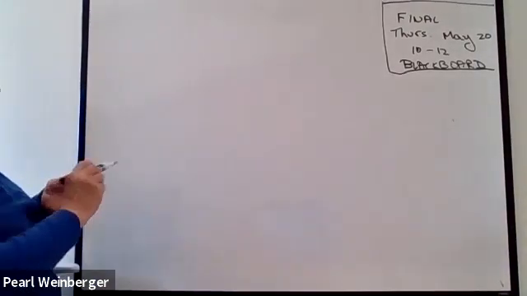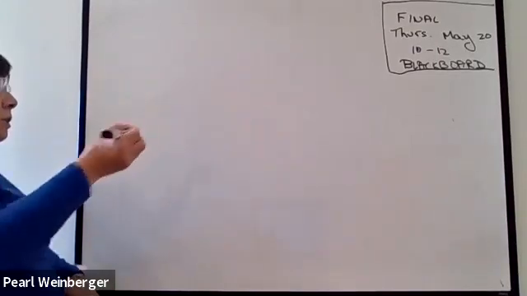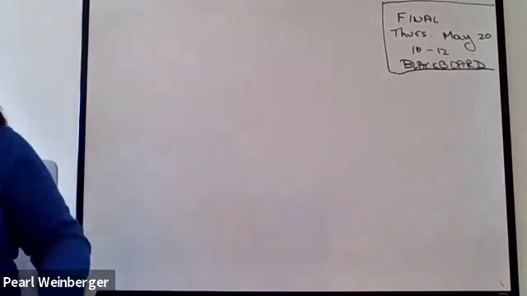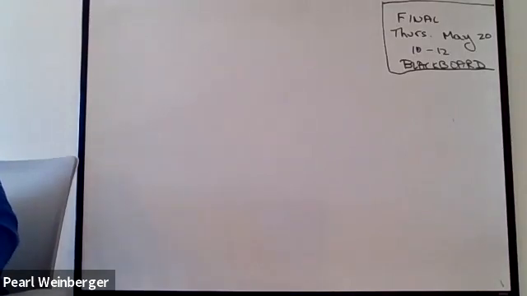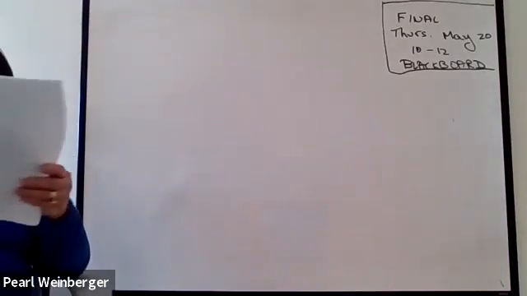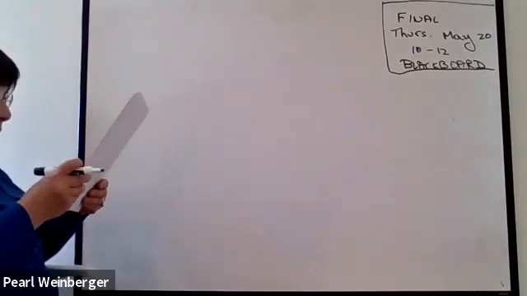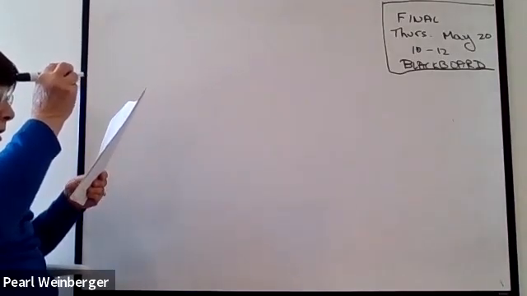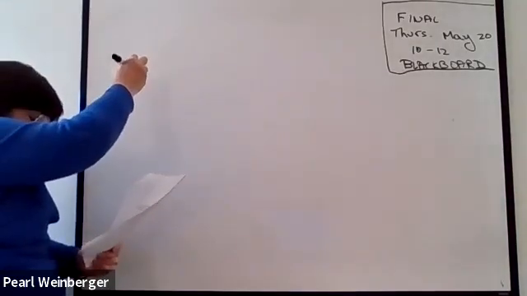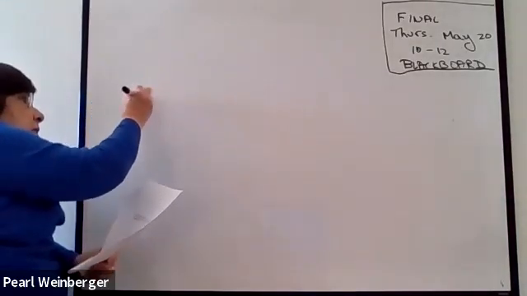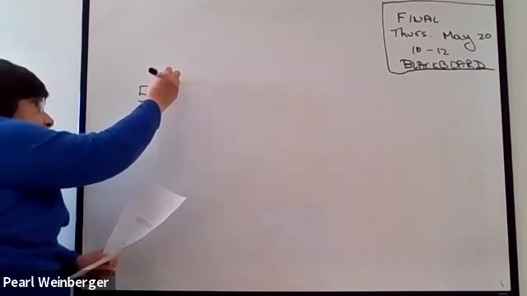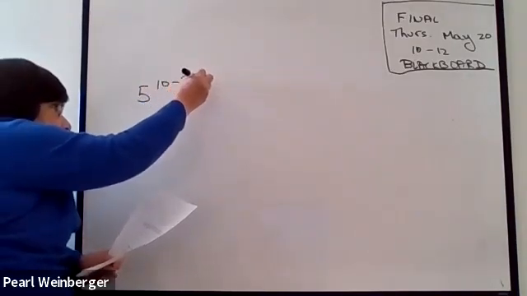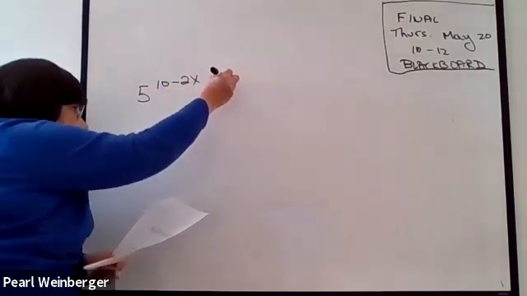What does an exponential equation look like? Well, here's an example. Something like this: 5 to the 10 minus 2x equals 625.